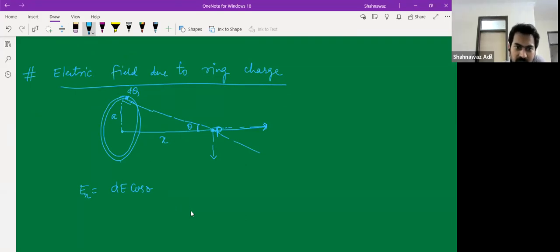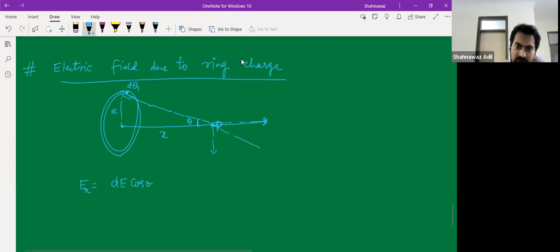And what is this dE? This dE is due to this small charge dq. So how much would this be? This would be k dq by, what is this distance?